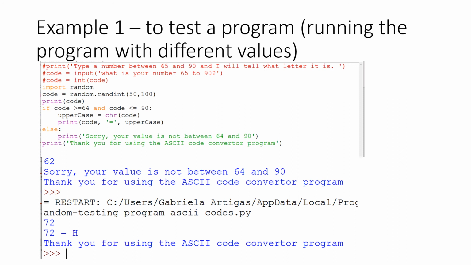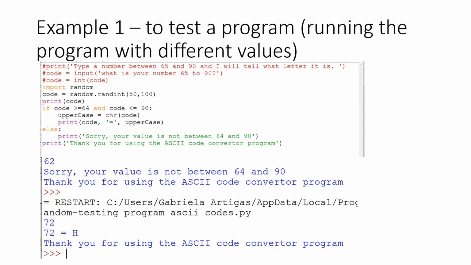So the next line looks like this: a variable name, code equals, and then this is the part given by the programming language, random.randint. randint generates a random integer, and that function expects inside the parentheses the starting value and the ending value. So we're asking Python to generate a random integer starting with 50 and ending with 100.